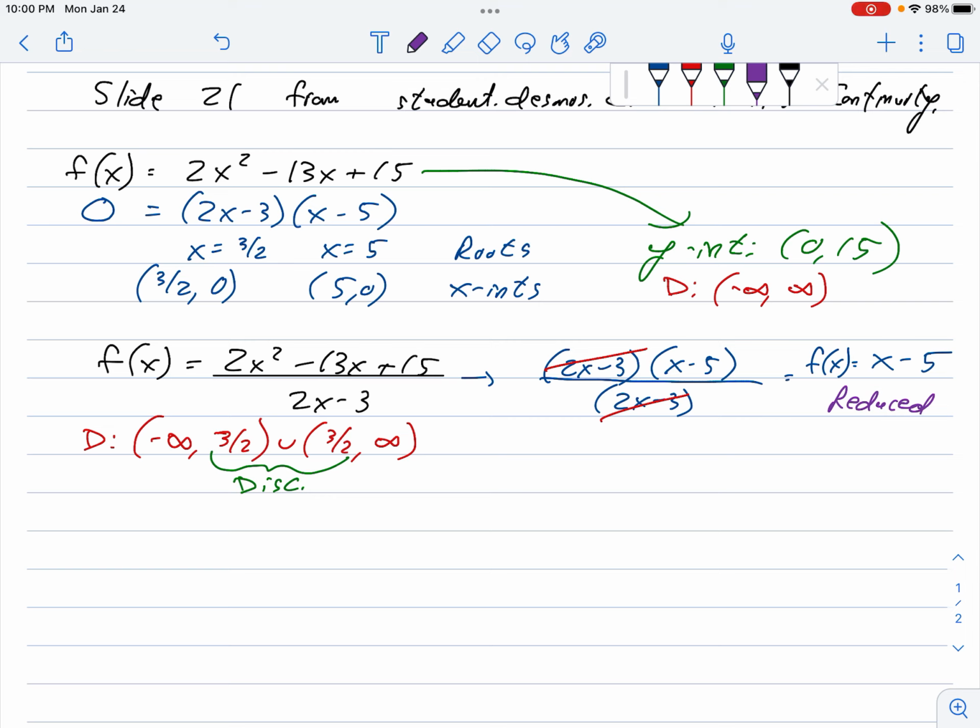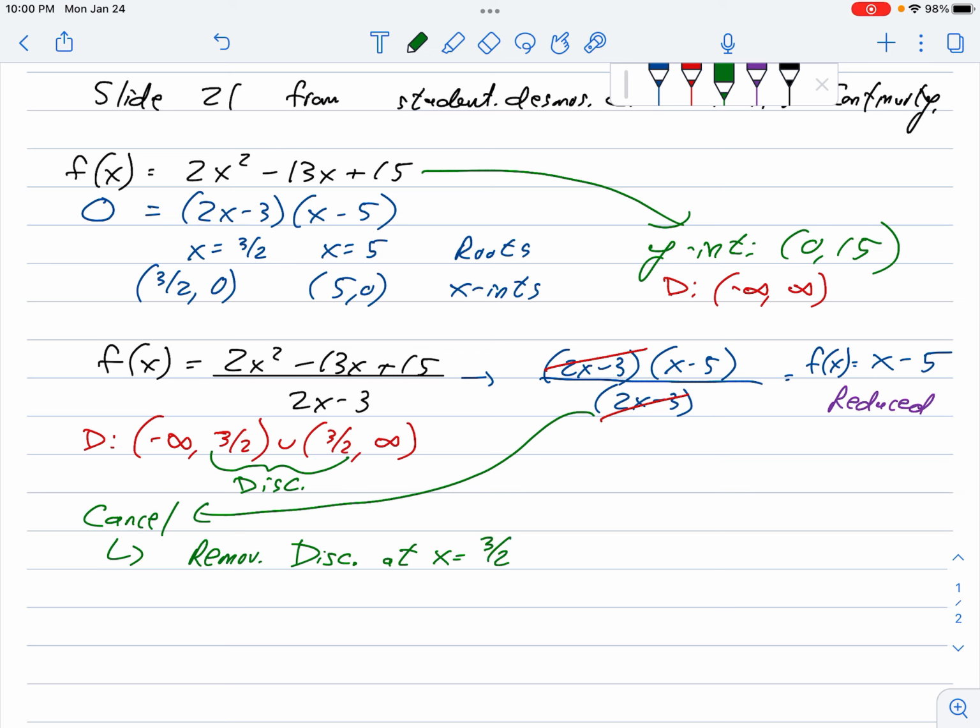Since I was able to cancel out my denominator and be left with x minus 5, which does not have a denominator anymore, now it's just over 1. If I was able to cancel, that means that I have a removable discontinuity. There's my abbreviation, removable discontinuity at x equals whatever the value that comes from this factor, which is our 3/2.